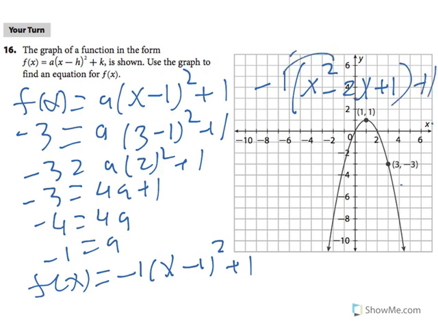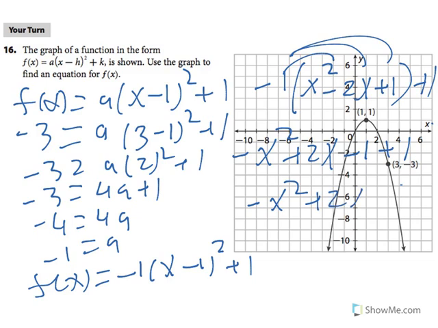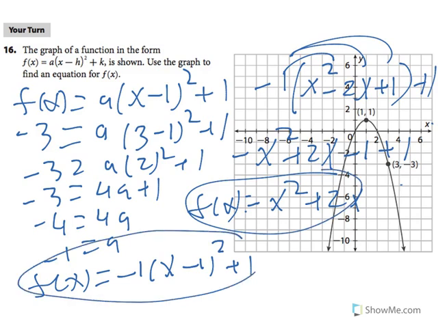So distribute the negative in, which gives us negative x squared plus 2x minus 1 plus 1. So the plus 1 and minus 1 cancel out, so we have negative x squared plus 2x. So this is our standard form of the graph. So we have a standard form and a vertex form.